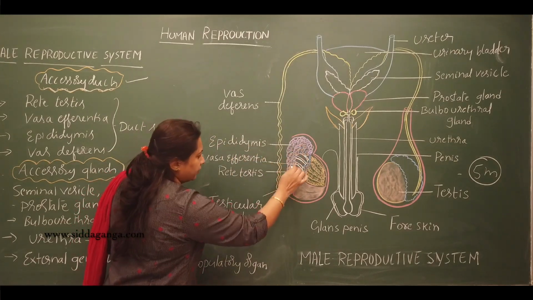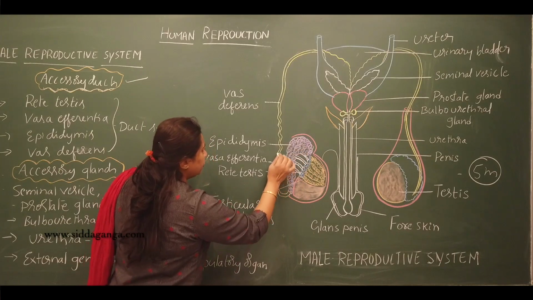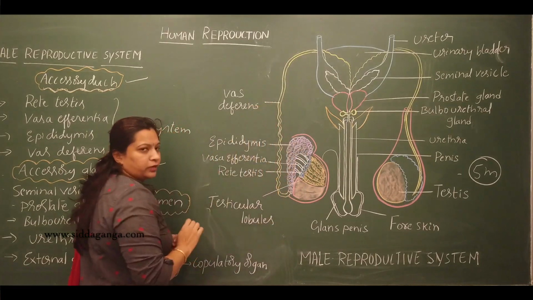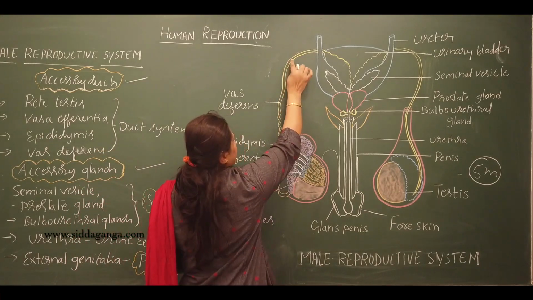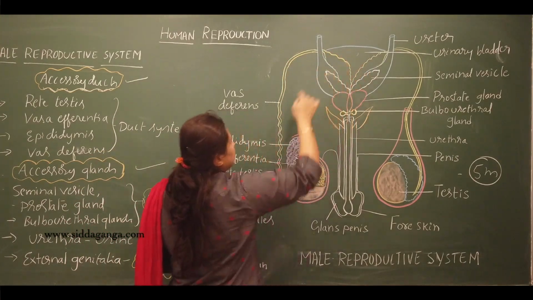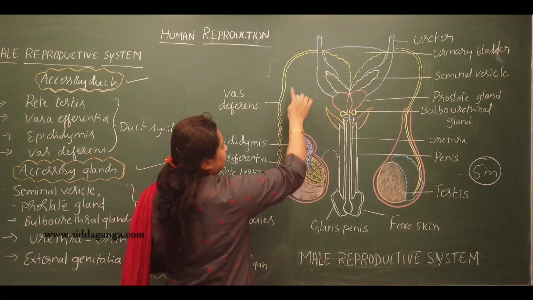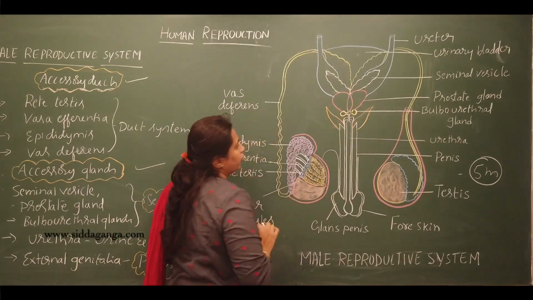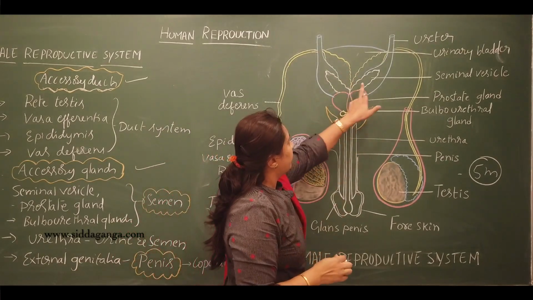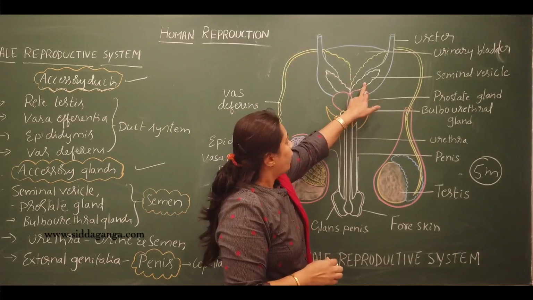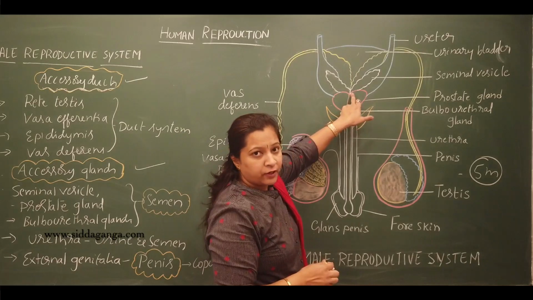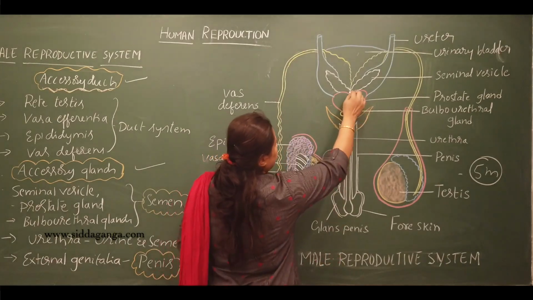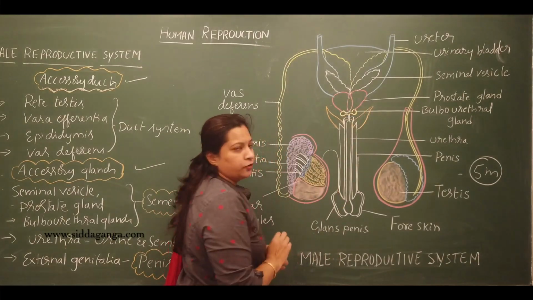The epididymis gives rise to the vas deferens. The vas deferens ascends into the abdomen, reaches the top of the urinary bladder, takes a loop, and joins with the duct of the seminal vesicle. Once it forms the duct with the seminal vesicle, it forms the ejaculatory duct, which opens into the urethra.